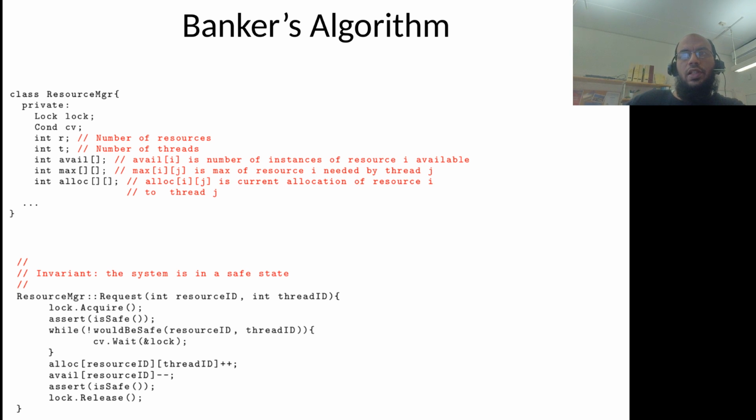It checks, when a request arrives, whether there is enough capacity for this request. If there is enough capacity, then it will schedule the thread. If not, then it will not schedule it.